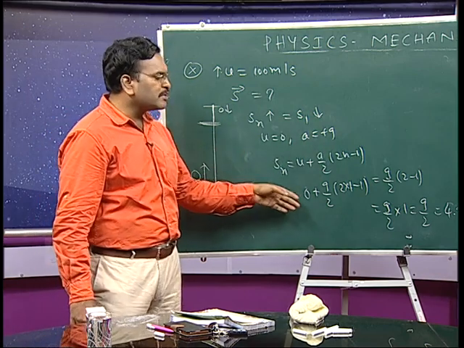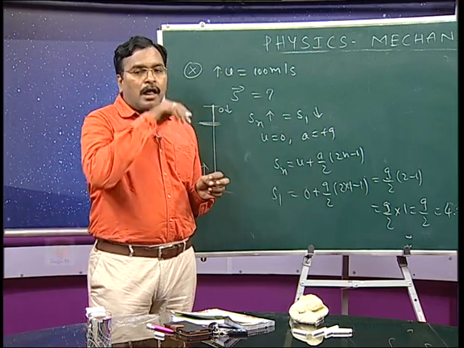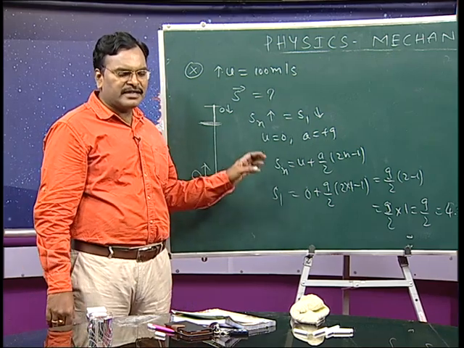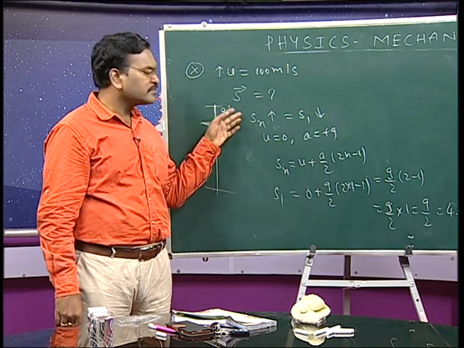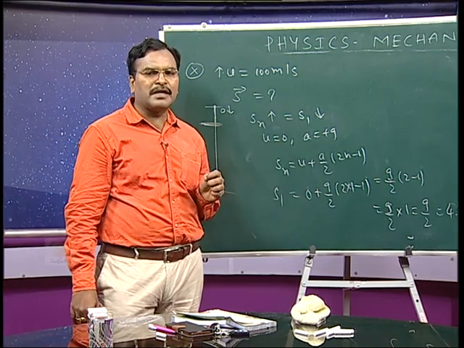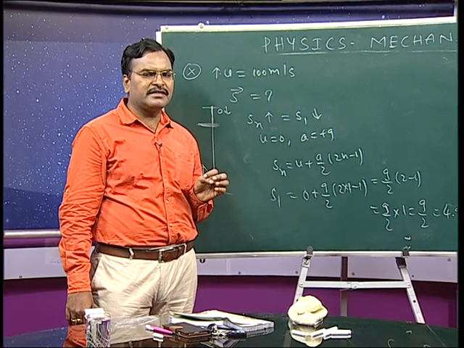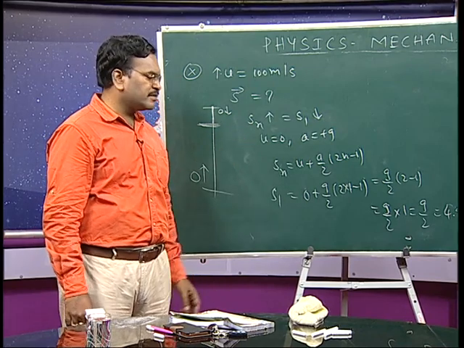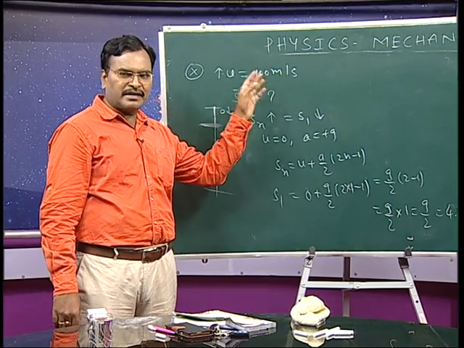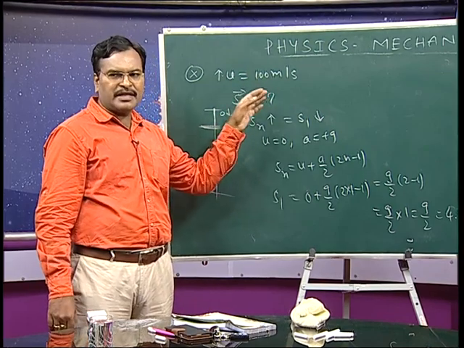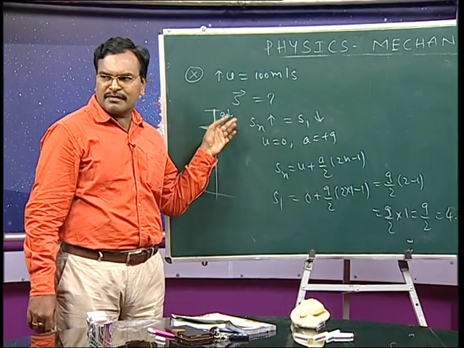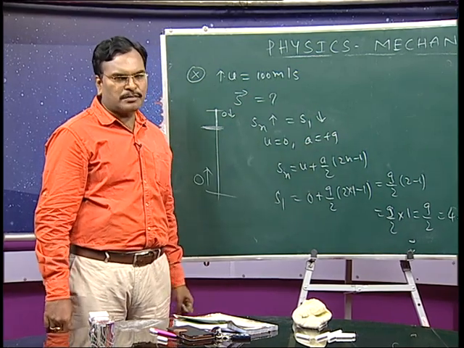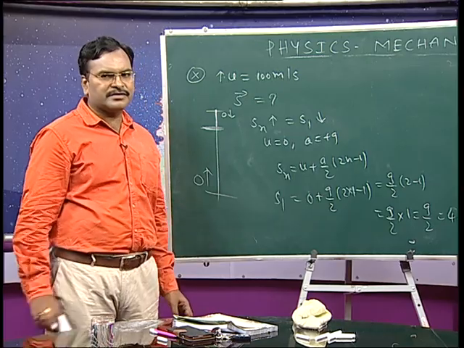That is why it is 4.9 meters, independent of the initial velocity of projection. It may be 100, 200, 500, 510, whatever it may be; the displacement in the last second of upward motion is 4.9 meters.